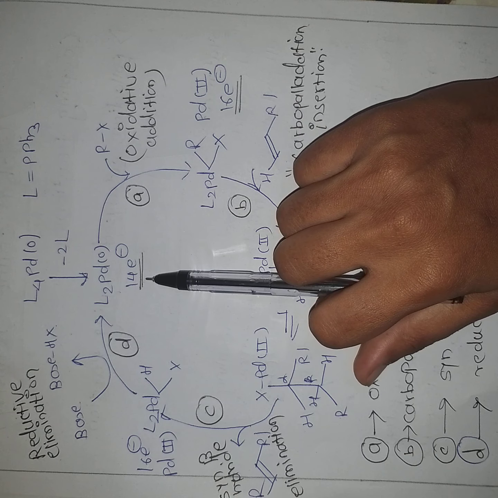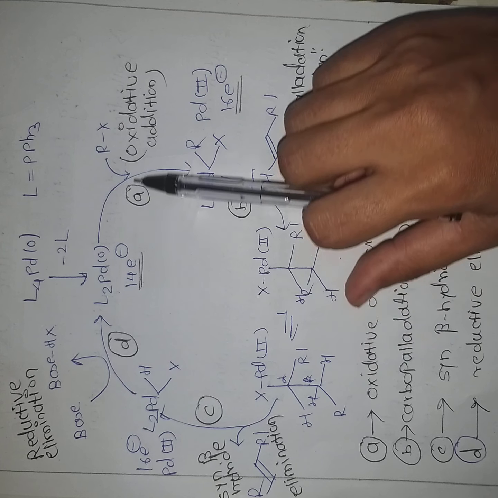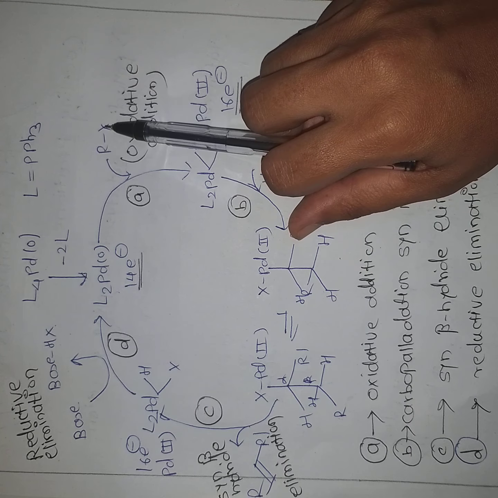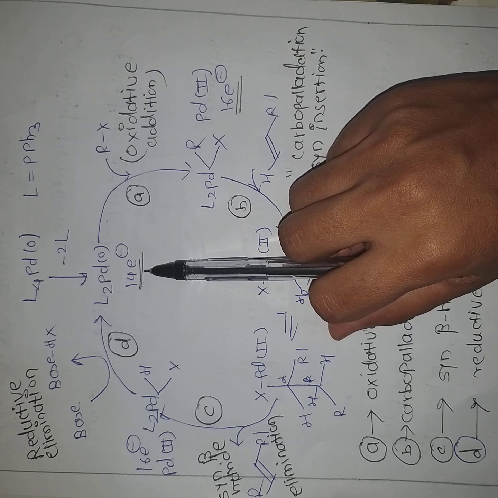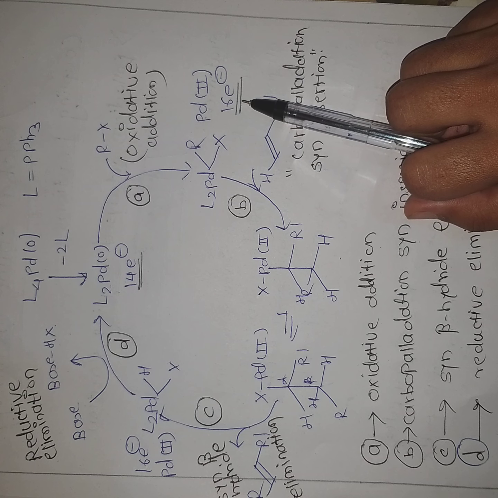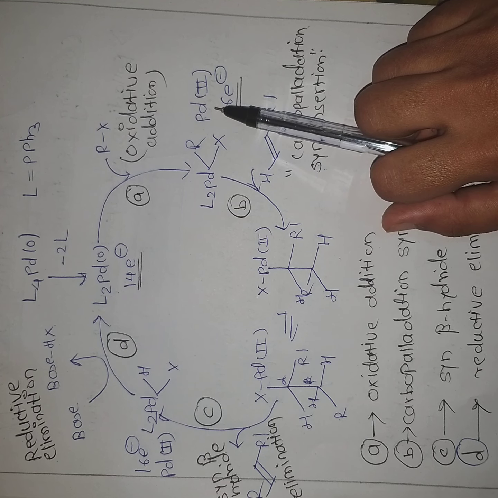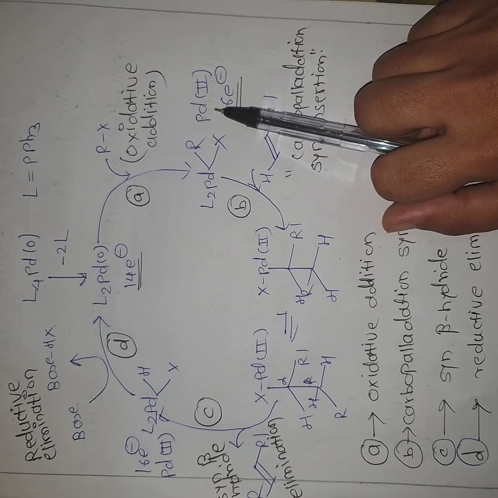Now we know that this 14 electron complex is unstable. After oxidative addition of alkyl halide to this complex, our complex becomes 16 electron and the oxidation state of palladium changes from 0 to 2.